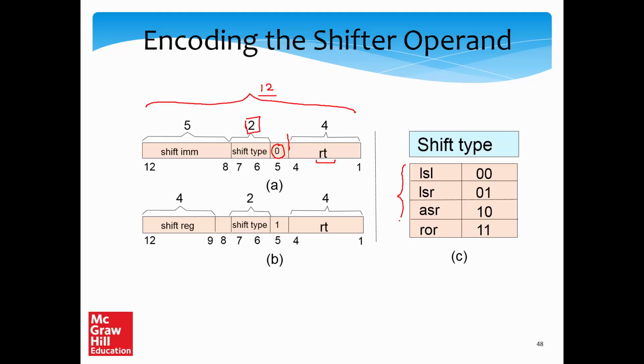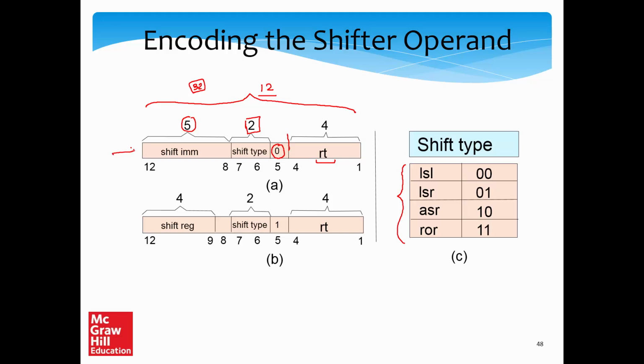Since there are 4, they can be encoded with 2 bits, with LSL being 00 and ROR being 11. So the shift type is encoded in the next 2 bits, and subsequently is the shift amount. Any number can only be left shifted or right shifted or rotated by at the max of 32 positions. So we need 5 bits, which is exactly what we have. That's lucky for us.